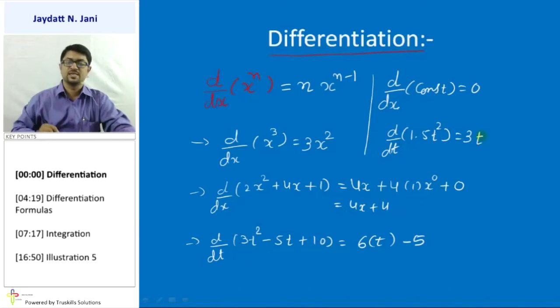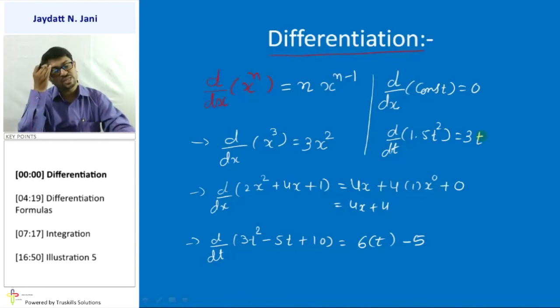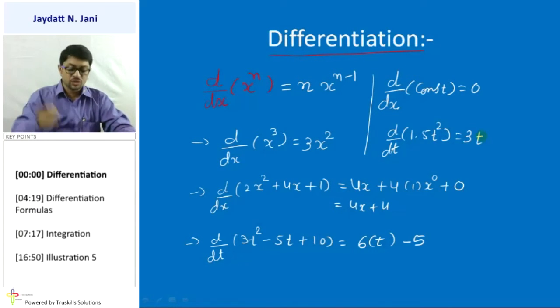Now check all the values as you take t as different values: at t equals 0 the first value is 0, at t equals 1 the speedometer value is 3, at t equals 2 that's the sixth value, at t equals 3 that becomes 9, and so on. So here x is a displacement, and as I take a differentiation with respect to time, that becomes a velocity. In detail we will also discuss it in the next topic.